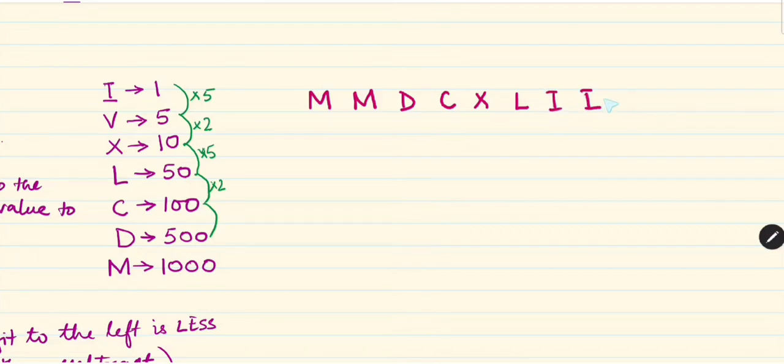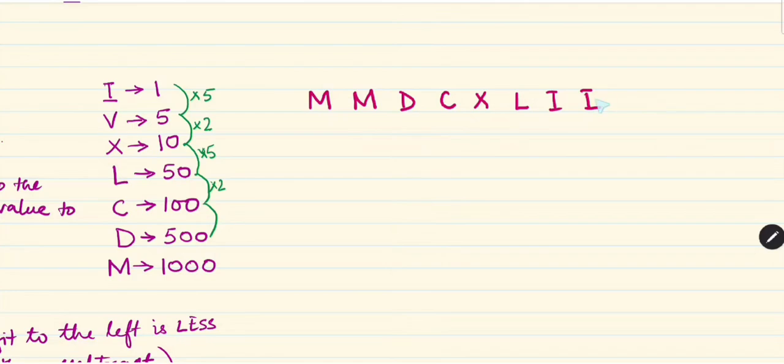I just spaced it out so I can show my work. These numerals are not really spaced out normally. I spaced it out a little bit so I can do the demonstration clearly and cleanly.